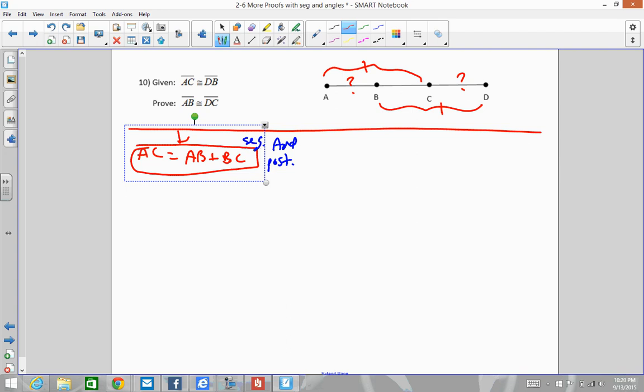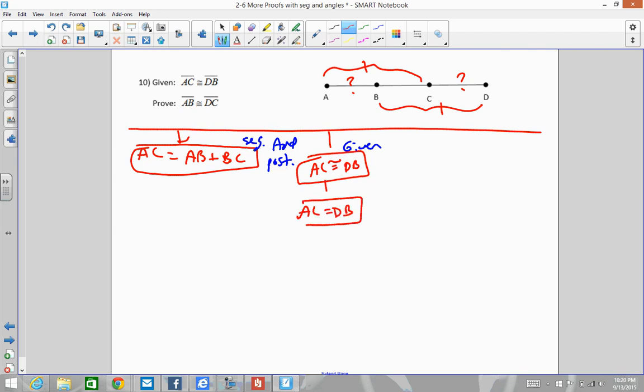Got that said. Now I can bring that given in. AC is congruent to DB. All right, and that was given. I'm just going to write here, given. Remember that it's in congruence, so I needed an equality. So AC is equal to DB. Now that I have an equality, I can do things with it that I couldn't do before.